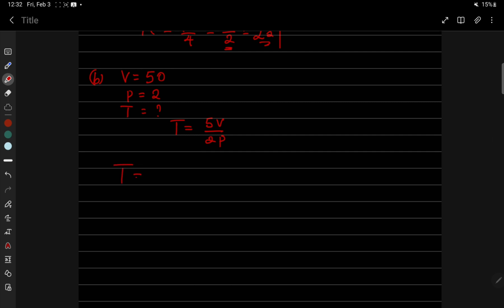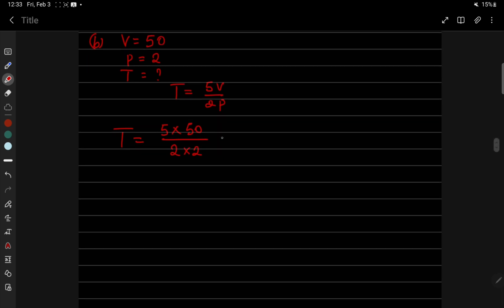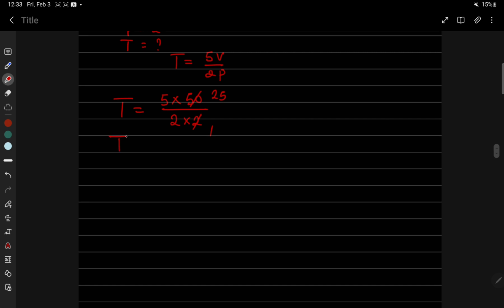So T is going to be equals to 5 times, what is our V? Our V is 50, all over 2 times our pumps, of course, we have 2. So this is what we have. Now, 2 can go into 2 once, and 2 can go into 50 about 25 times. So T is actually 125 all over 2.